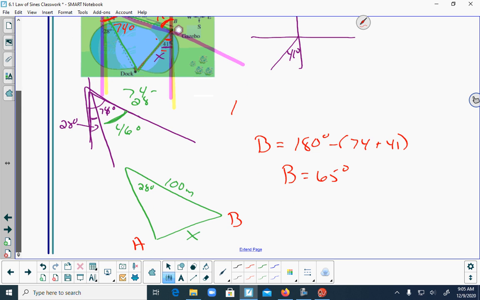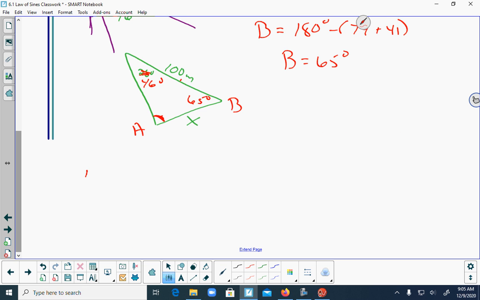If this is 46 and this is 65, then to find angle A, I'm going to take 180 and subtract 46 plus 65, and angle A ends up being 69 degrees.